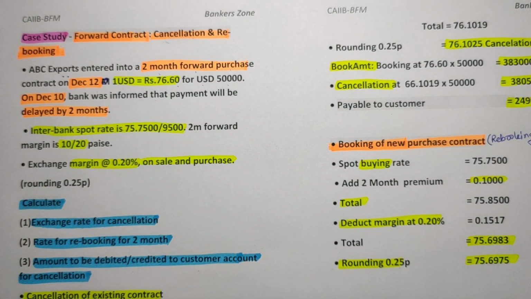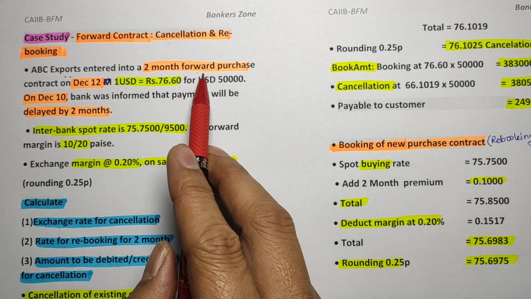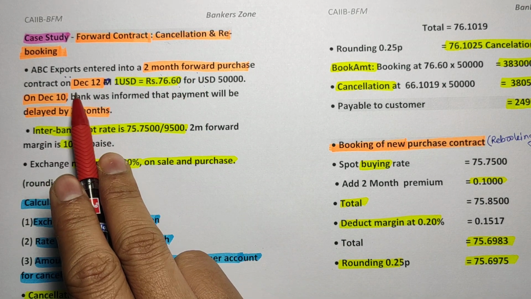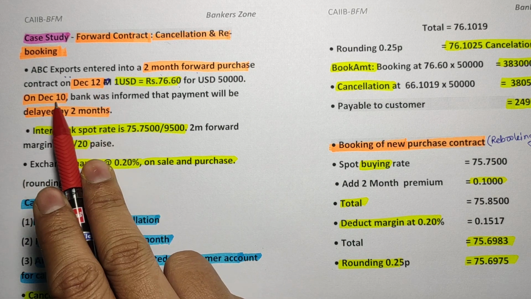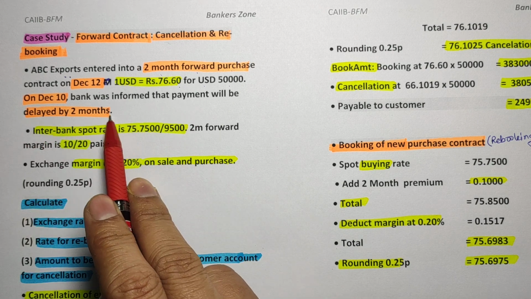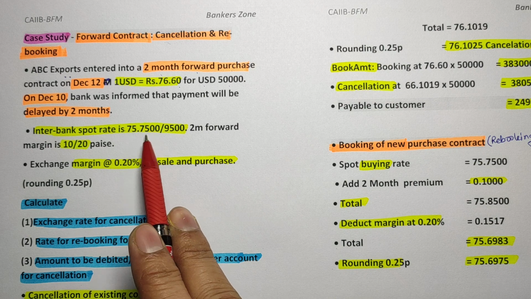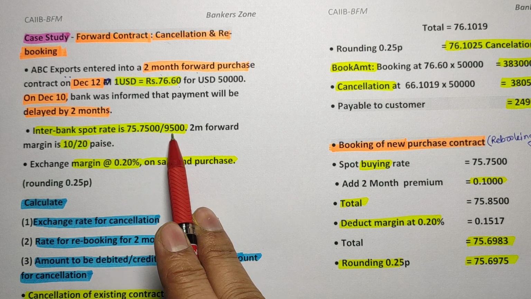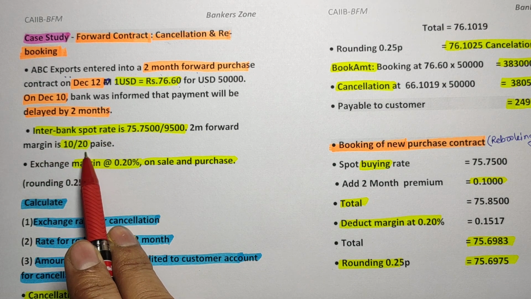You have to understand this first. There was a forward contract, the customer entered into it, but 2 days before the settlement, the customer informed the bank that the payment will be delayed by 2 months. At that time the interbank spot rate was 75/9500, and the 2-month forward margin is 10/20.